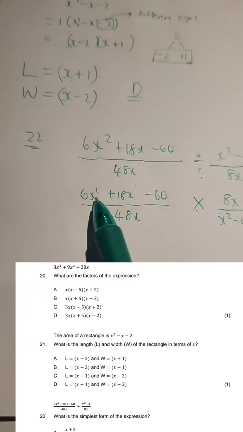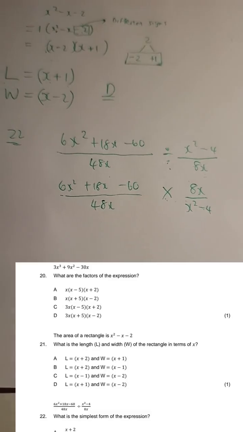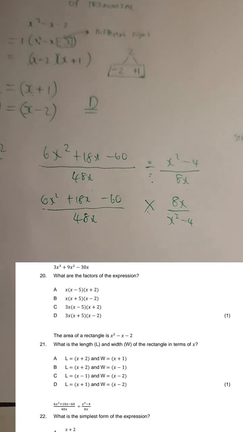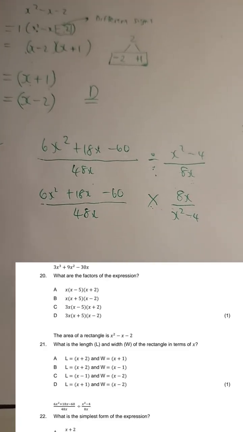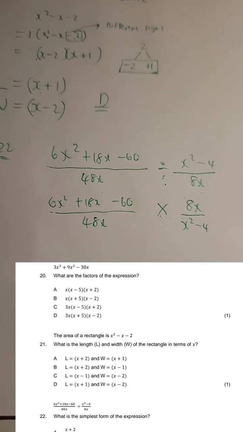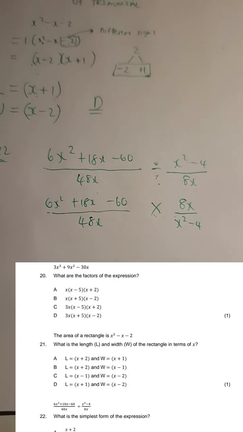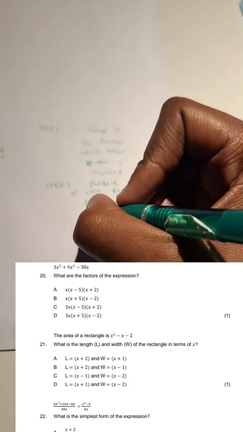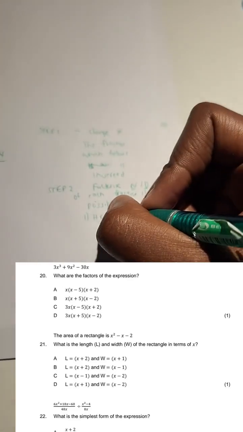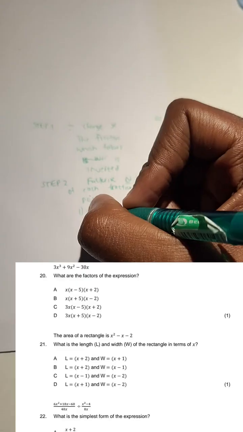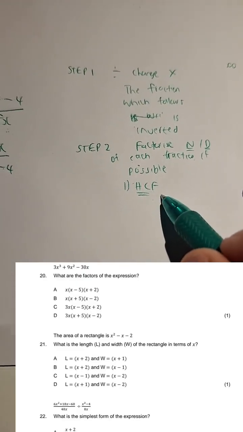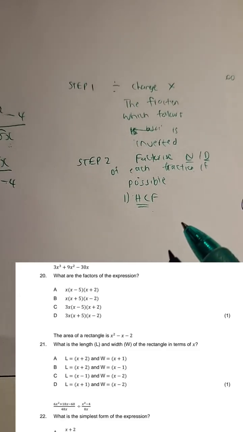Let's look at the numerator. Can we factorize the numerator, guys? And if we can, what sort of factorization should we always think about first? The first form of factorization that we must utilize is the highest common factor. Take out the highest common factor if possible.